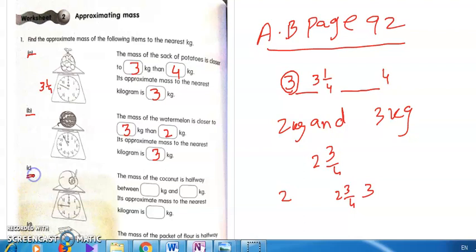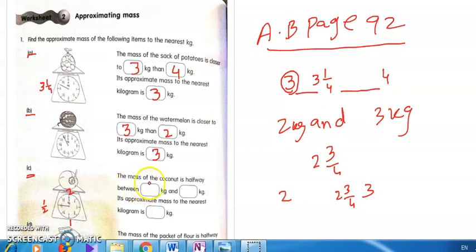In diagram C, the mass of the coconut is exactly halfway between 1 and 2. Here it is shown 1 and here is 2, and the scale is pointing half. So it is exactly halfway between 1 and 2, and when we have the number halfway between the two numbers, then for approximation we will always go to the bigger number.